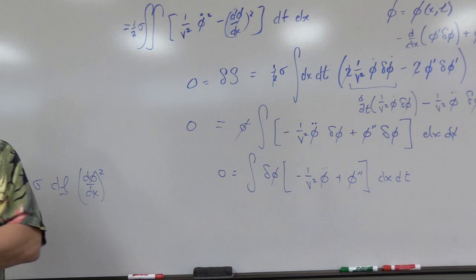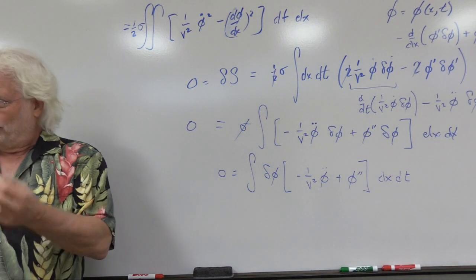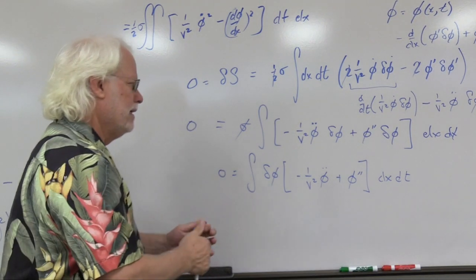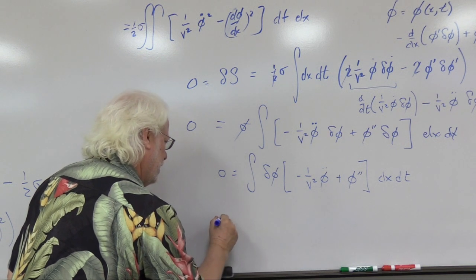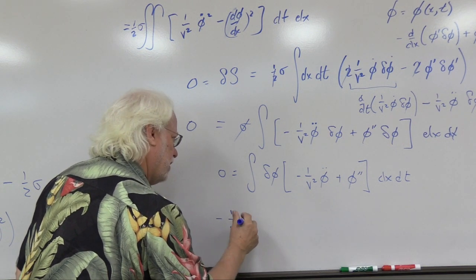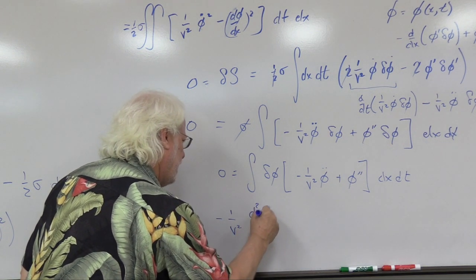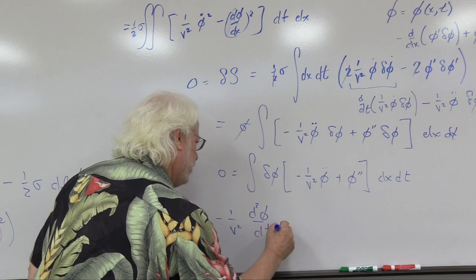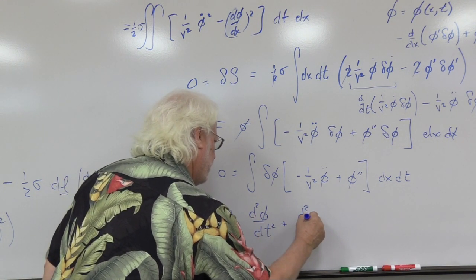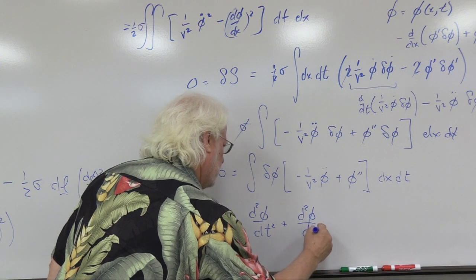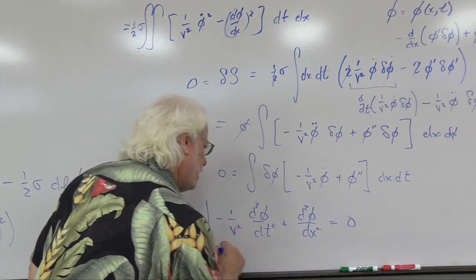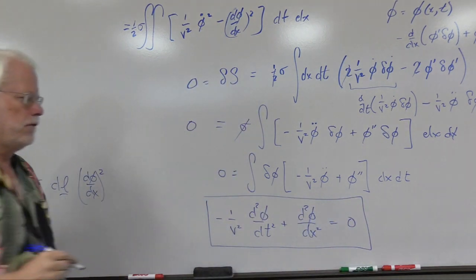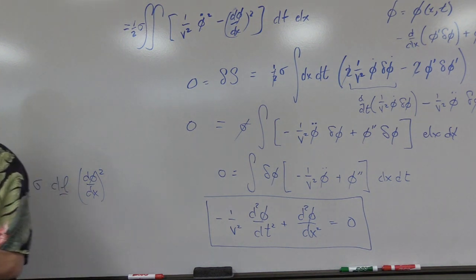Now, that point was arbitrary, so I can do that same argument at every point, and that shows me that minus 1 over v squared d squared phi dt squared plus d squared phi dx squared is 0, and that is a one-dimensional wave equation for a scalar field phi.